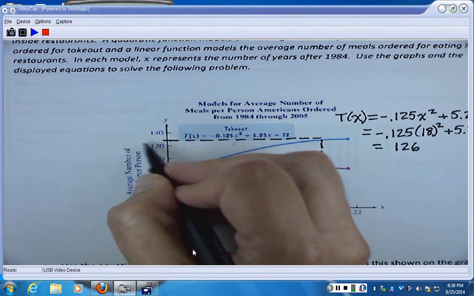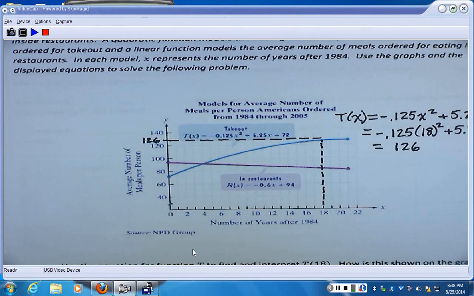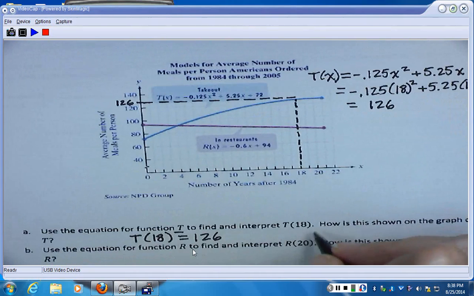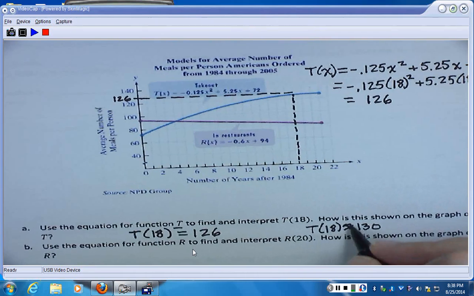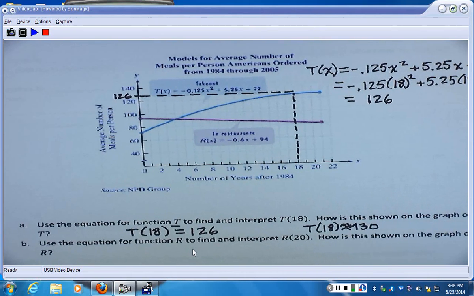That's 126. And looking at that from the picture, I would just guess that t of 18 is approximately 130. I wouldn't be able to tell that it was 126. That's supposed to be approximate. Okay, 130.